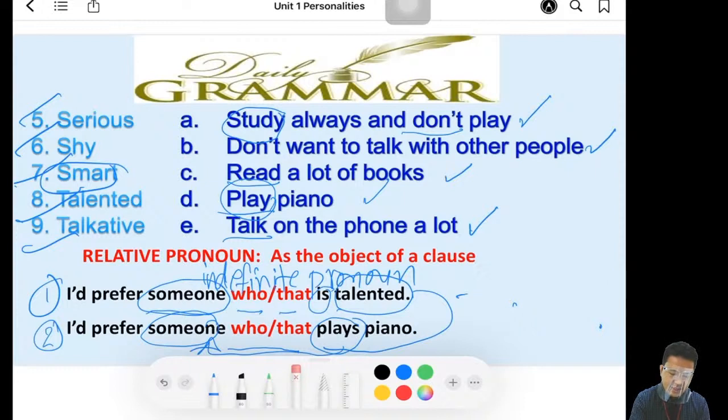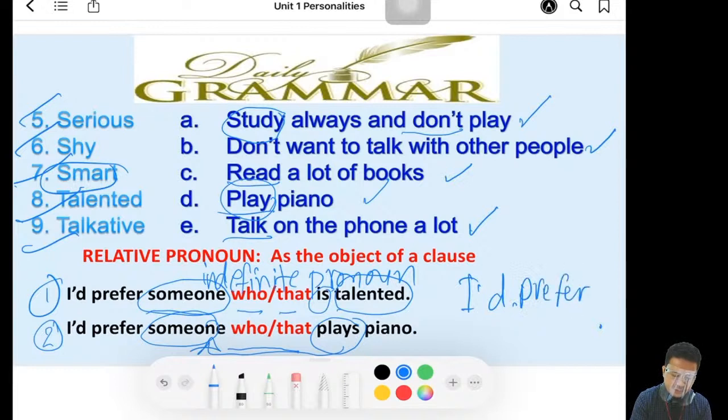So it goes like this. I prefer someone. This time we'll use that. That or that. Take note, we used who a while ago. So this time we're going to use the meaning of smart, which is read a lot of books.